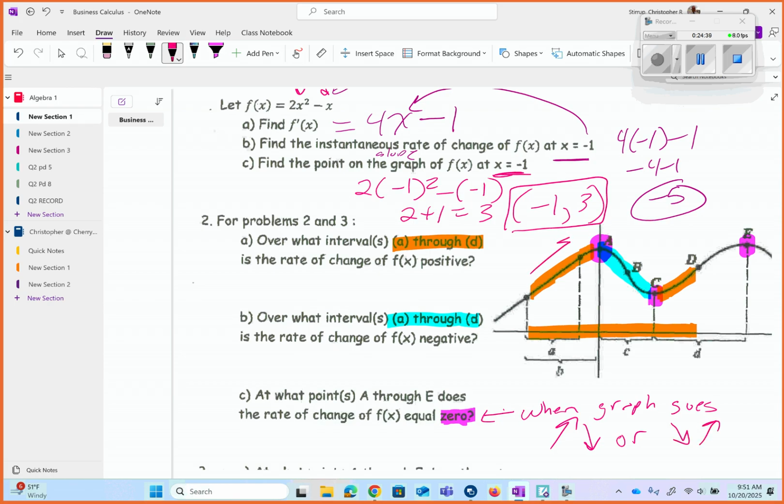So up to down, that happened there. Down to up happened right there. And then up to down, it happened right there. Meaning if you were to take those numerical x values, which we don't have on this graph, and plug them into the derivative exactly where A and C and E are taking place, that would give us an answer of 0. That means the slope is 0. That means it's a horizontal line.